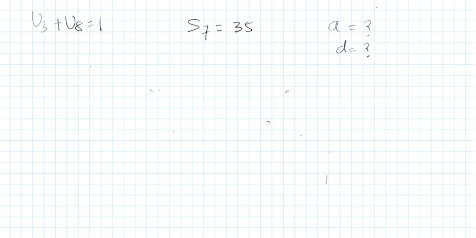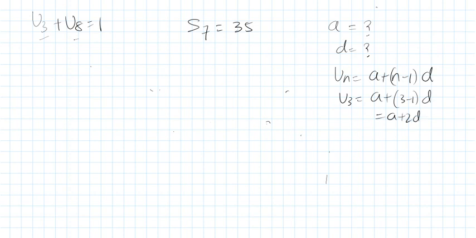So let's see, what can I make out of the first one? U3. You can see that they're using terms here, so I actually need to use the nth term, which is a plus (n minus 1)d. I'm going to use this formula. So U3, n is 3, you get a plus (3 minus 1)d, and that's a plus 2d.